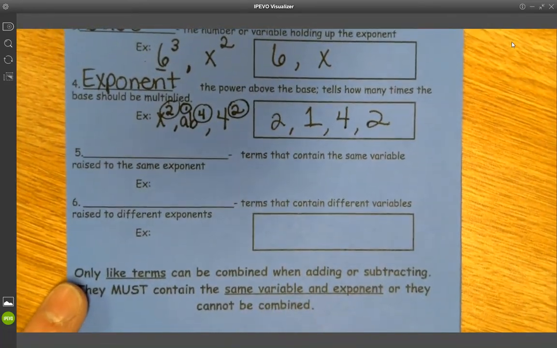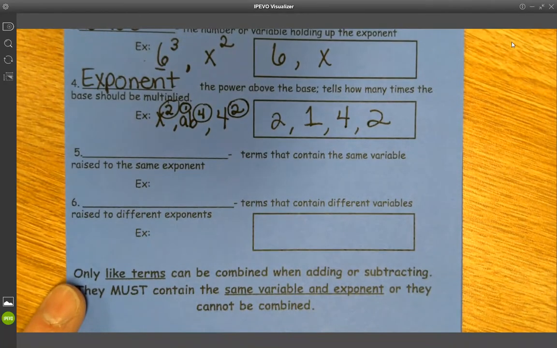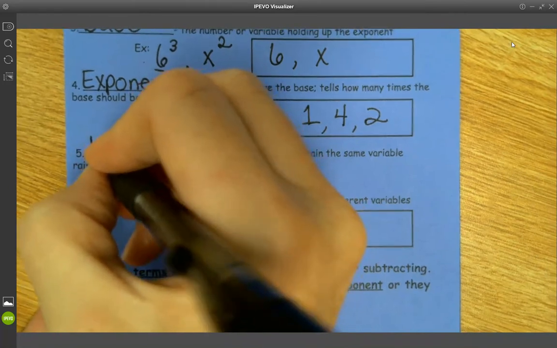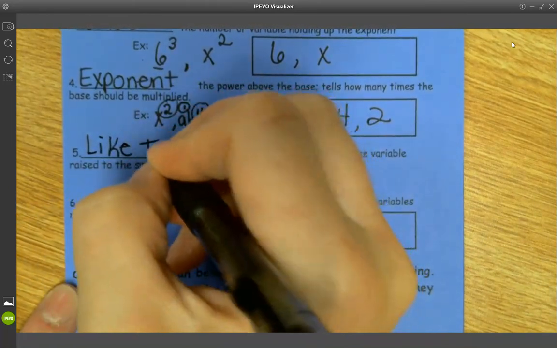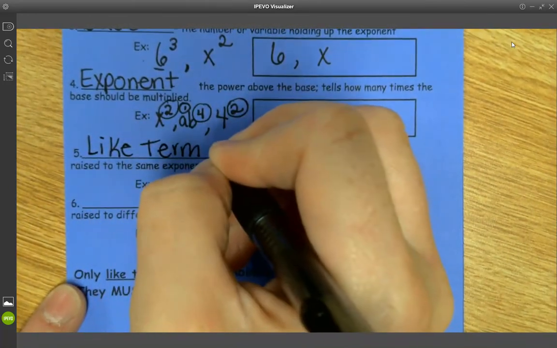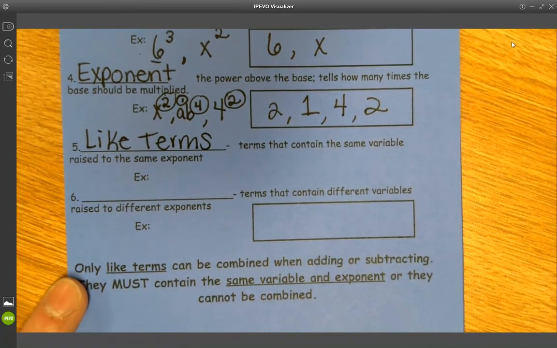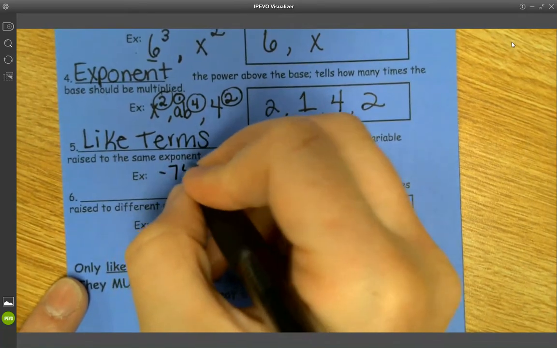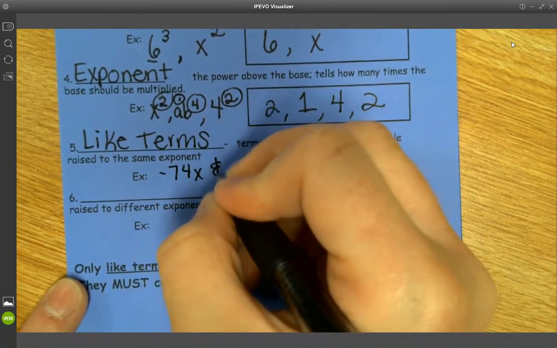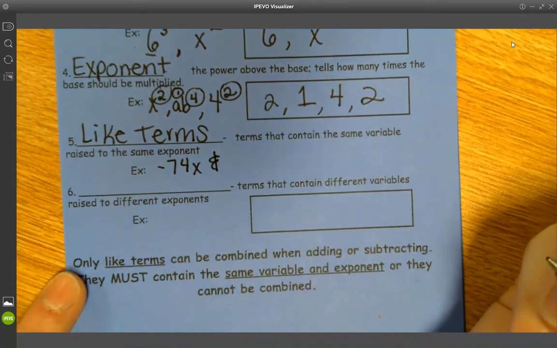Yep. Terms that contain the same variable raised to the same exponent are called like terms. I know you've heard the phrase combine like terms, right? So negative 74x is a like term. So I put a little and sign.